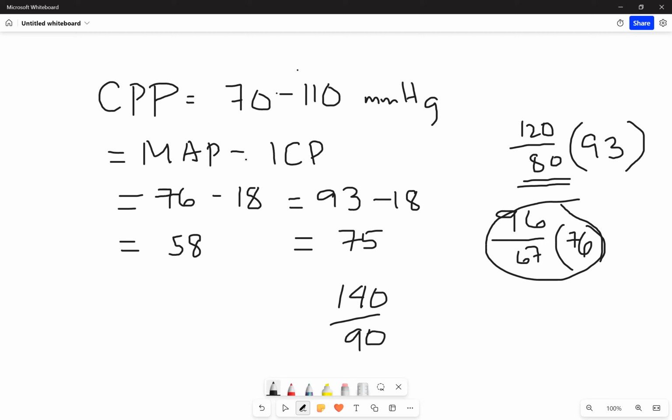Some doctors go up to 72 hours, but after that, no. Definitely on discharge, please don't permit hypertension anymore. So permissive hypertension only when? Up to 72 hours after the stroke. After that, please put it back to normal.